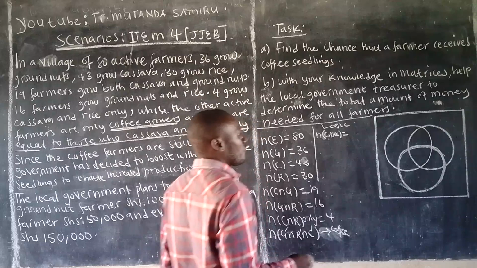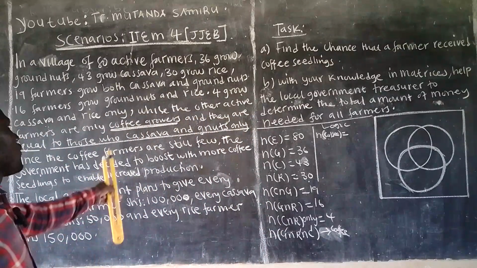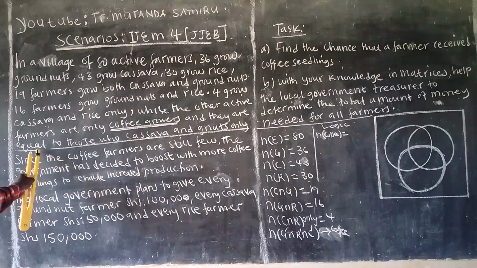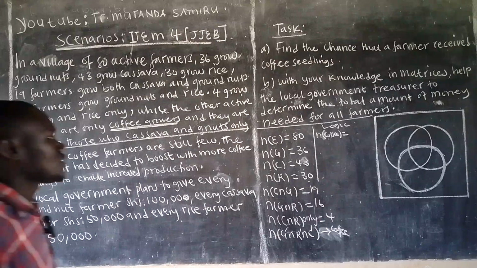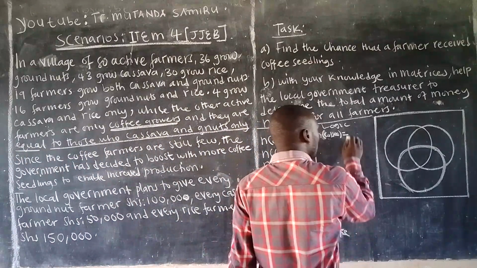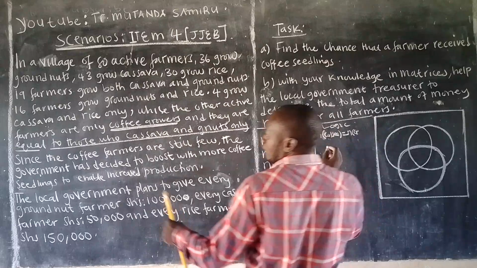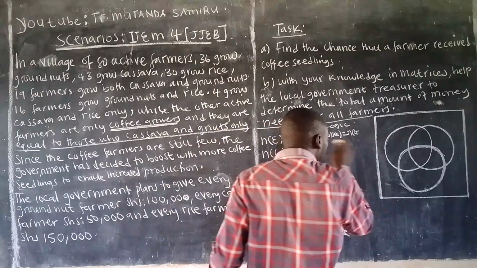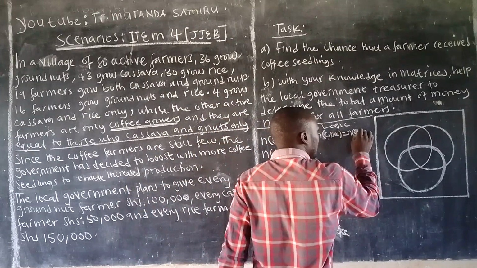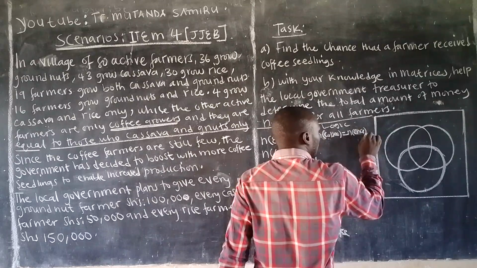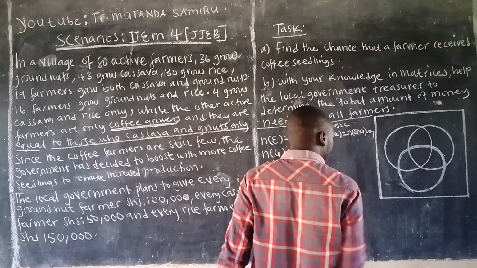They're saying number in coffee must be equal to, because they're the coffee growers and they are equal to those who grow cassava and nuts only. Coffee growers are equal to number in G, those who grow cassava and nuts, which are equal to C intersection G only. That's our logic part.